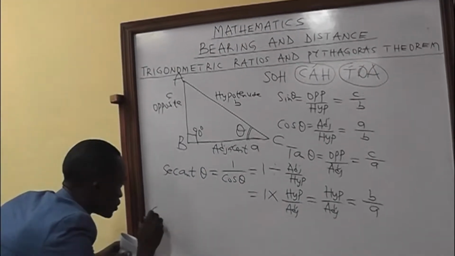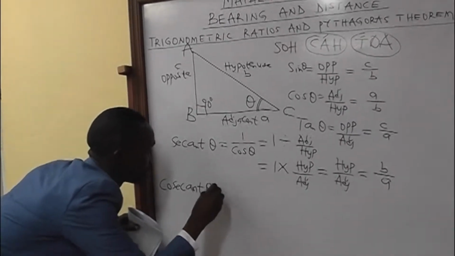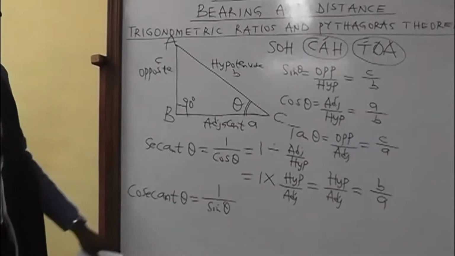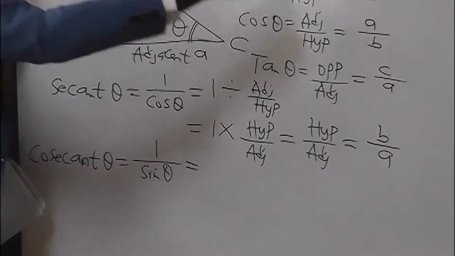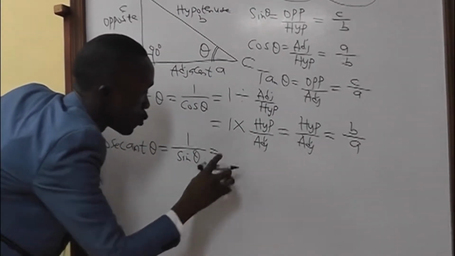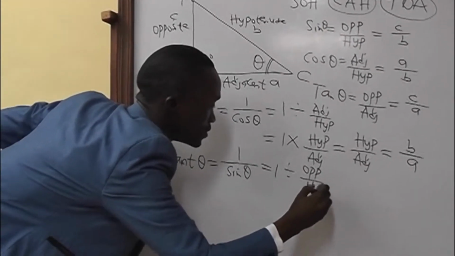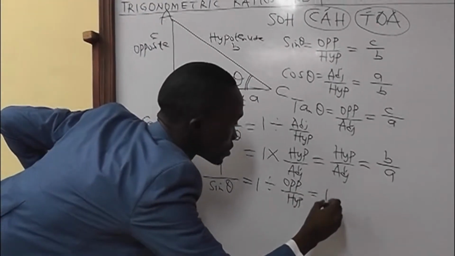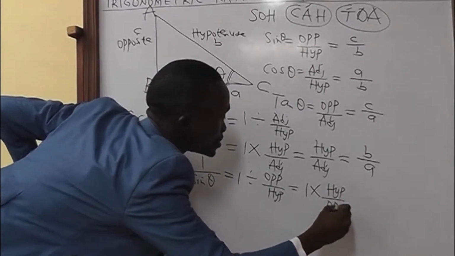We also have another one that is cosecant. Cosecant theta, that one is the inverse of sin theta. Now, sin theta is opposite over hypotenuse. So when we take the inverse, we have 1 divided by opposite over hypotenuse. If you change this division sign to multiplication, that will give us 1 multiplied by hypotenuse over opposite.